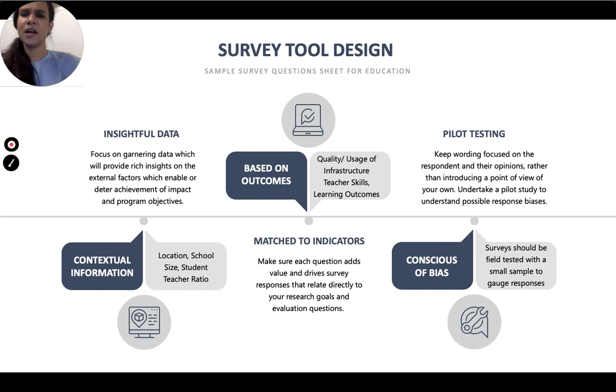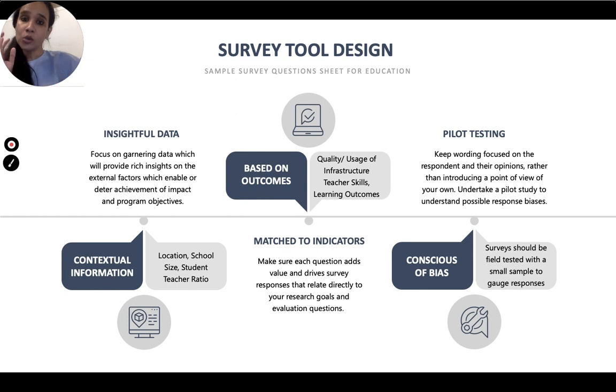So when we start looking at survey tool design, the first few things that you should keep in mind is gathering contextual information, where you're looking at location, school size, student teacher ratio, which will help us to actually find the factors that are contributing to or deterring your achievement of goals and outcomes.